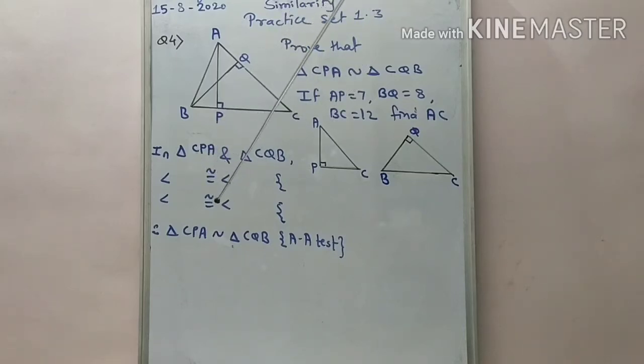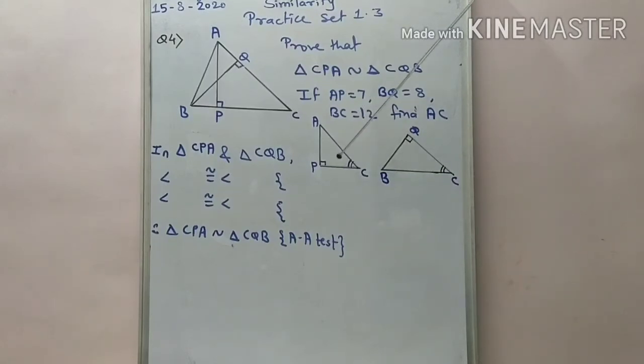Okay. Now for the second pair, what you notice here students, as you observe for angle C, for both triangles angle C is common. Here we get C as a common angle in both triangles. Maybe the name is different. Here we mention it as angle ACP and here as BCQ, but the same angle C is in both.